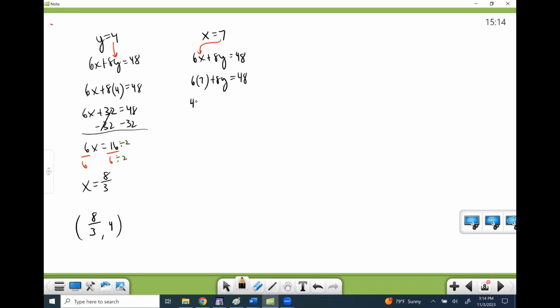So 6 times 7 is 42. Then we'll subtract the 42 from both sides, and then we'll just divide by 8.